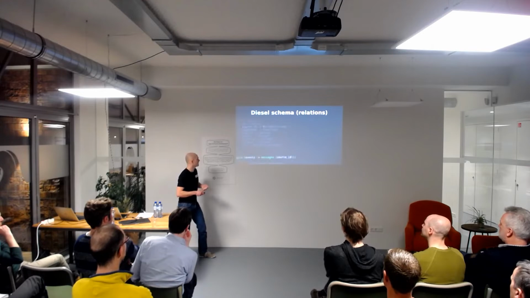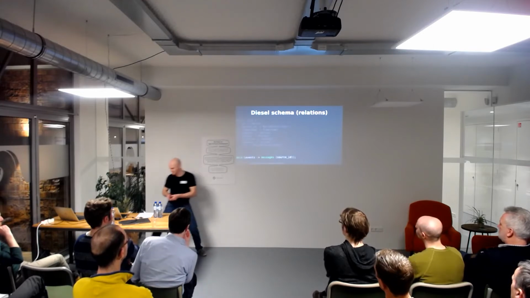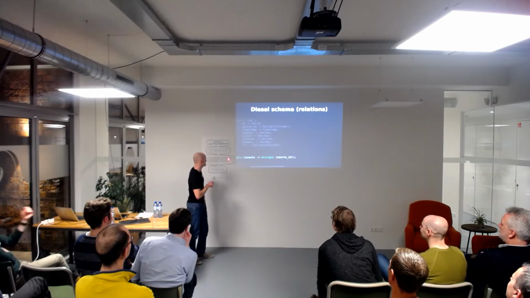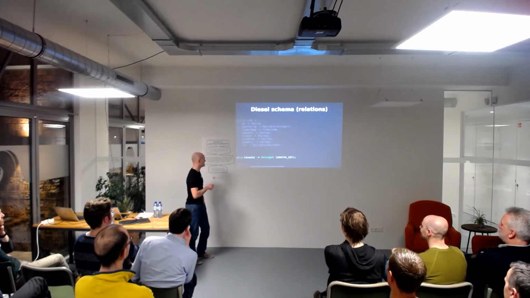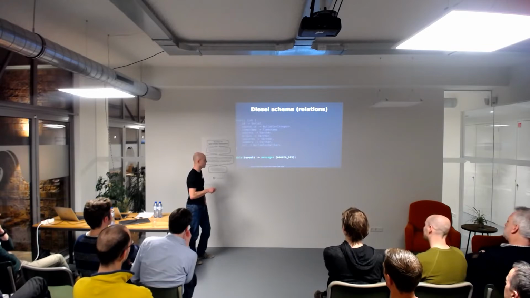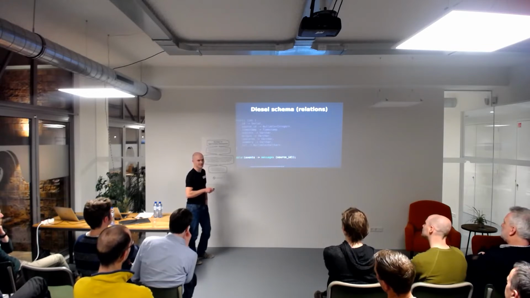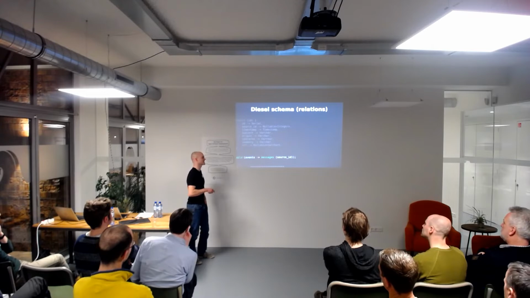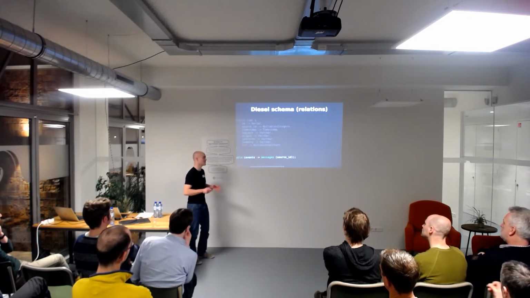And then, oh, I see I need to fix this, just a moment. So here's that joinable, and basically it points the events table to the messages table using the field source ID. So now Diesel understands that this relation exists, and it will probably provide some functionality around that.